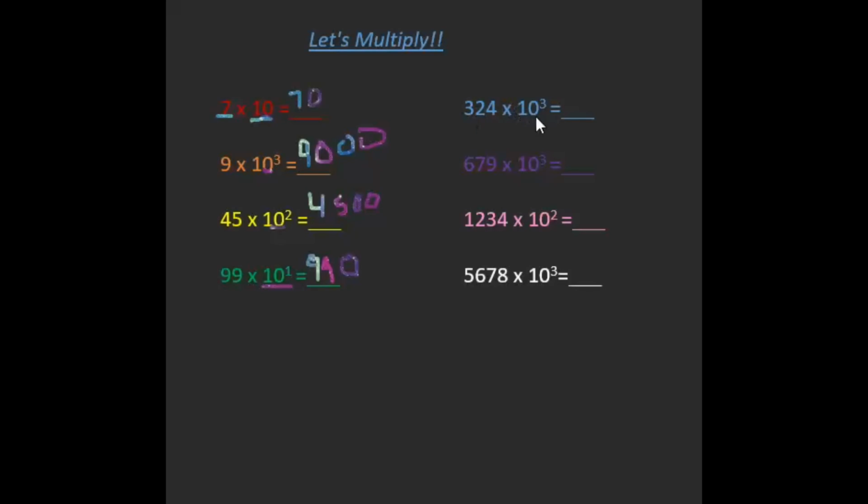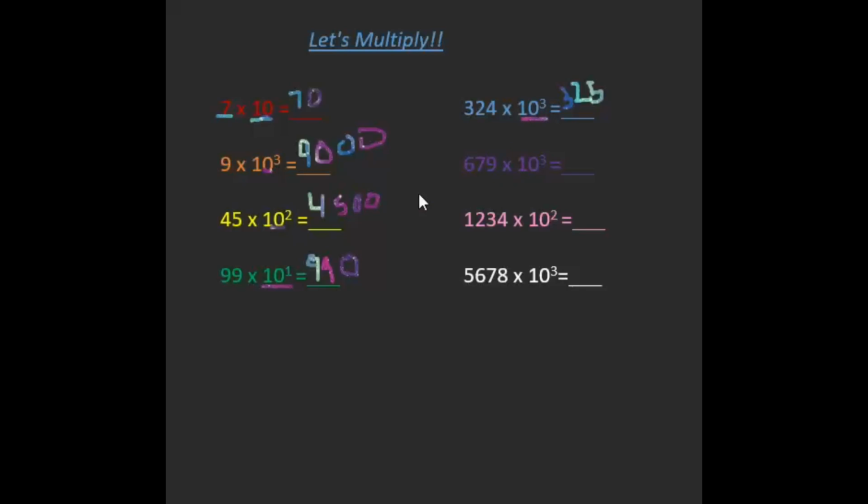324 times 10 to the power of 3. Again, 10 to the power of 3 is 1000. So, we know that it's asking 324 times 1000. So, let's just put the 324 right here, and count how many zeros we have in 1000.